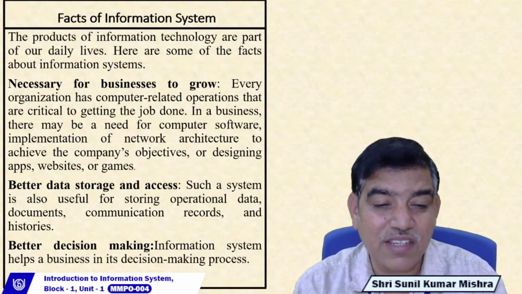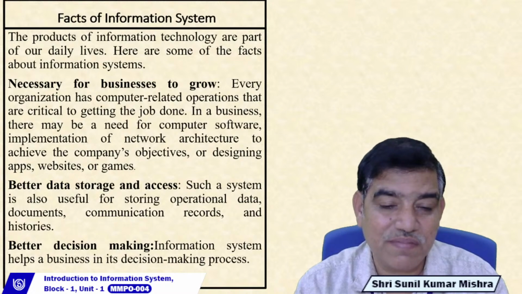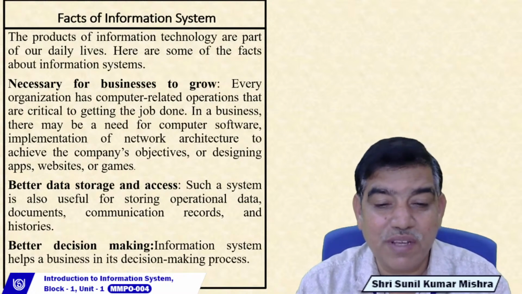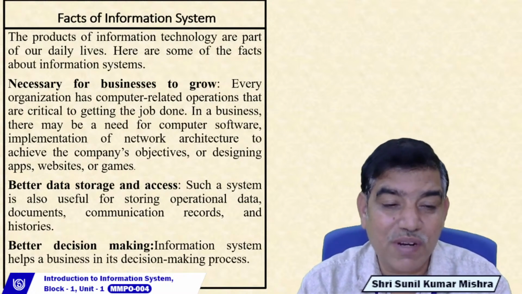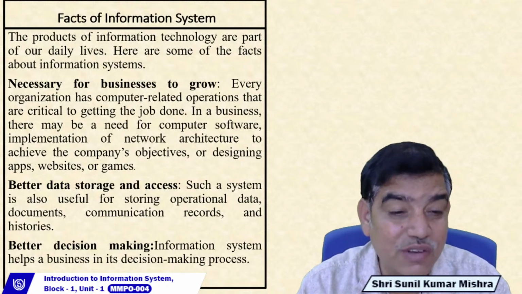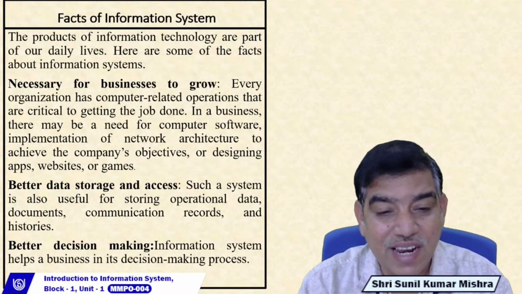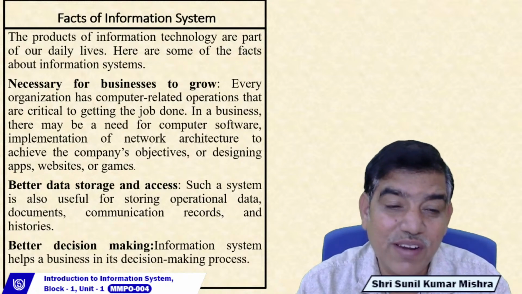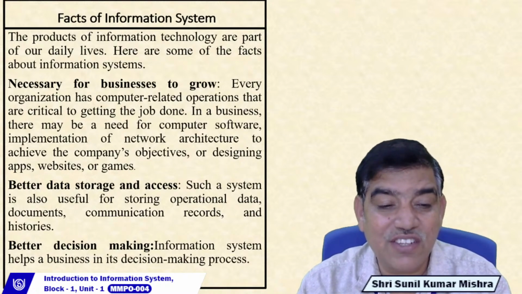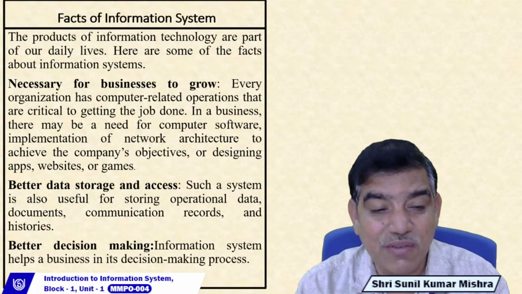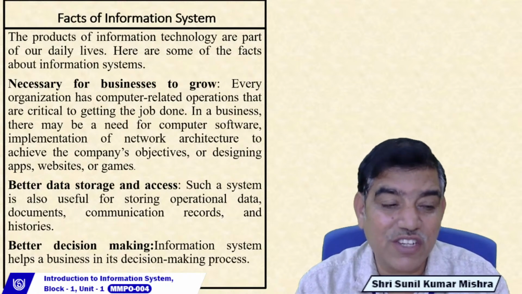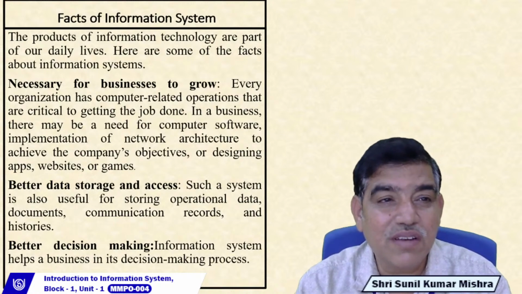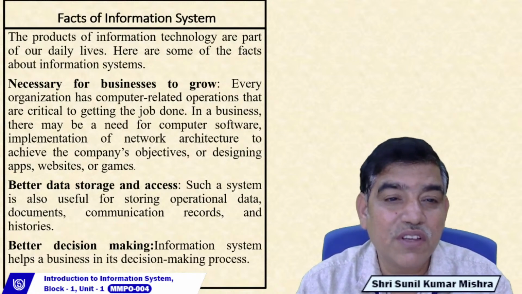It is an important asset for every organization, which helps different types of decision making. As we know, operational decisions, day-to-day basis decisions, are required. Tactical decisions, short-range planning decisions, are required, and strategic decisions, meaning long-range planning decisions, are required for the organization. So these are the facts of information system.